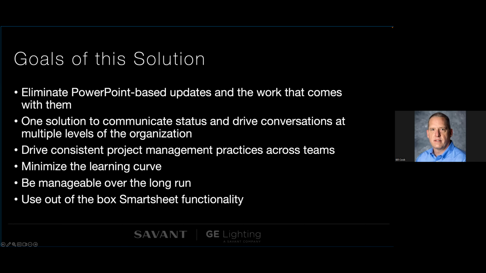The second goal was to have just one solution where we could communicate status throughout the organization. So within teams and executive management using the same tool, drive some consistent project management practices. So mostly that's around giving everybody templates and the same way to work. And then the last couple here, it should be easy to use, and it needs to be manageable.